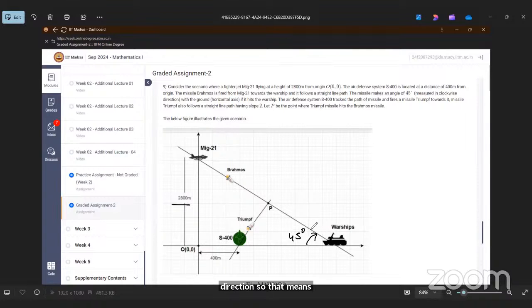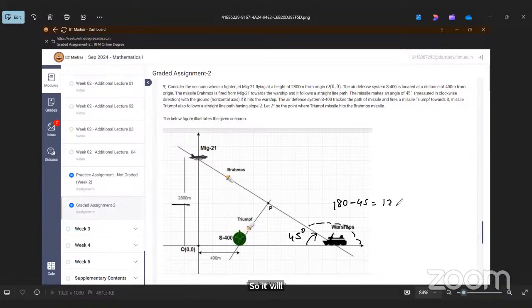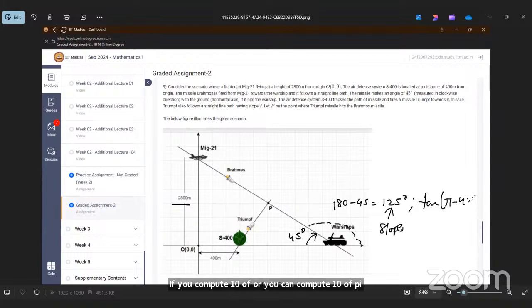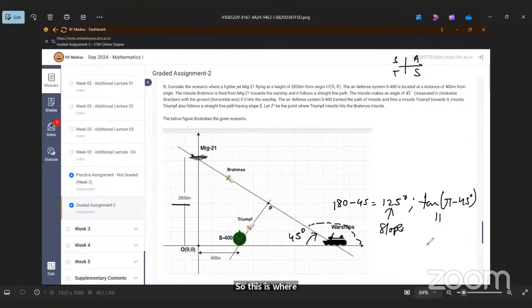If this is the 45 degree angle, what is the remaining angle? It will be 135. So this can give us the slope, right? Slope is tan of this. You can compute tan of pi minus 45, where pi is 180, so 180 minus 45 is 135.